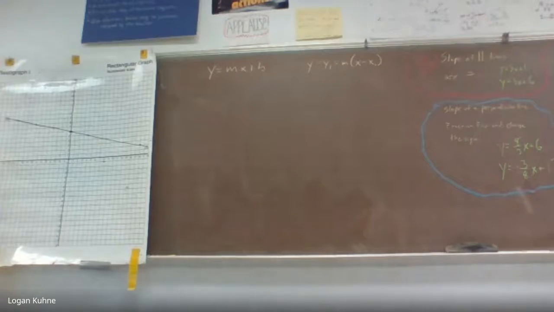So this is 3/1, right? Perpendicular is going to be fraction flip and change the sign. Oh, yeah, I got ahead of myself.